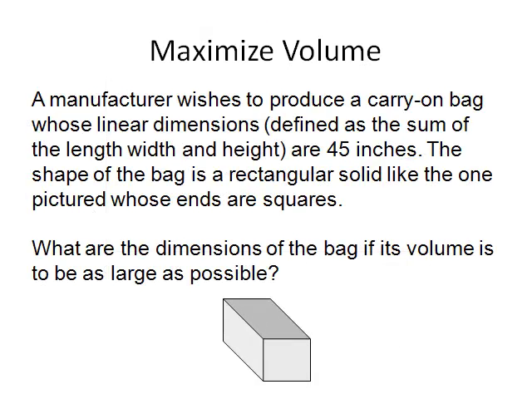Different airlines constrain the linear dimensions of carry-on baggage. Assuming a bag shaped like a rectangular solid with square ends, what is the largest volume bag whose linear dimensions are 45 inches? We'll start with several bags and calculate their volume.